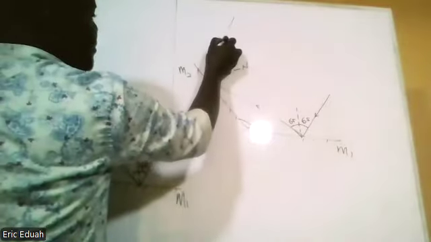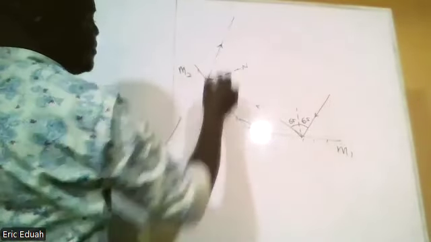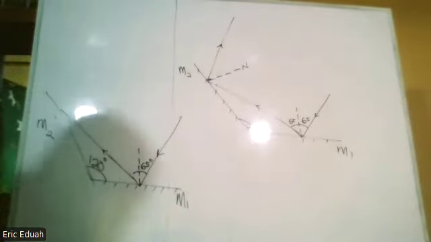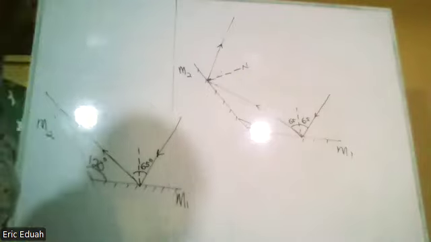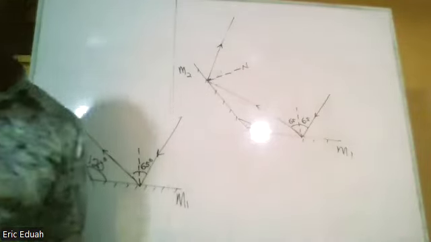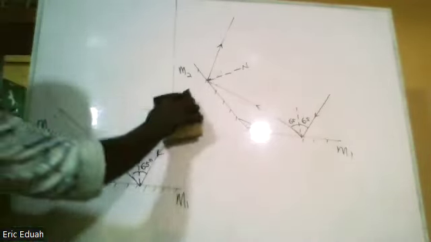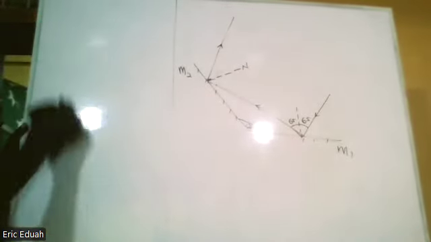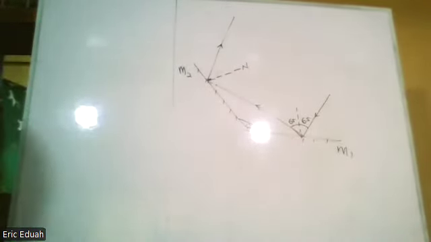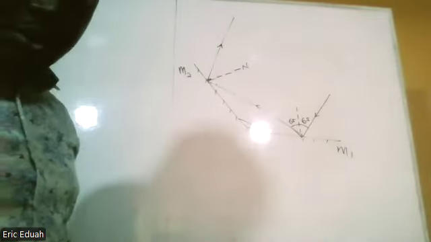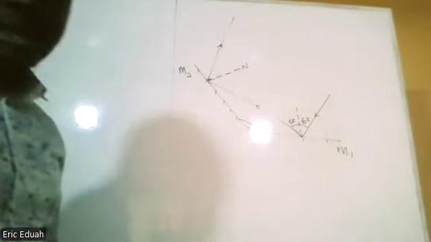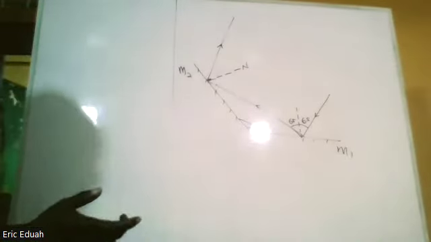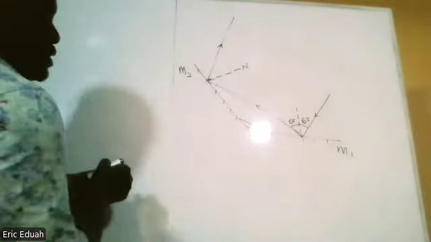So this becomes the reflected ray. Now we are using the principle of reflection: the angle of incidence equals the angle of reflection, and the incident ray, reflected ray and normal at the point of incidence all lie in the same plane. That is basically what we are using to solve this.